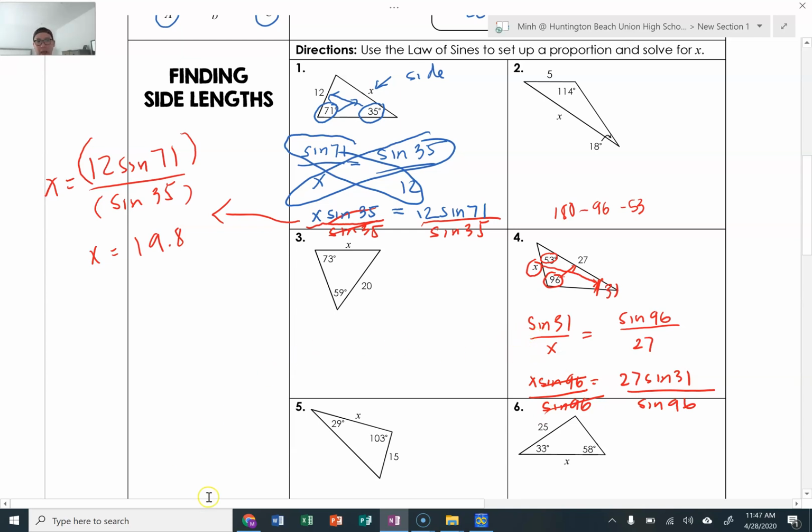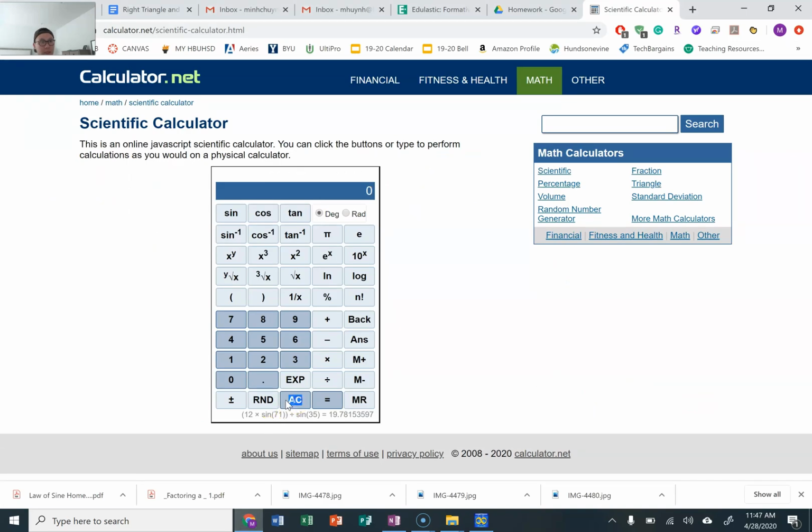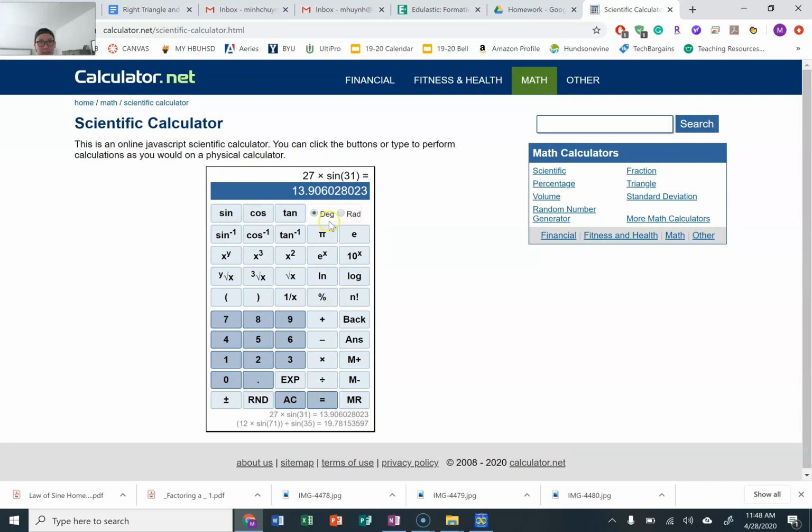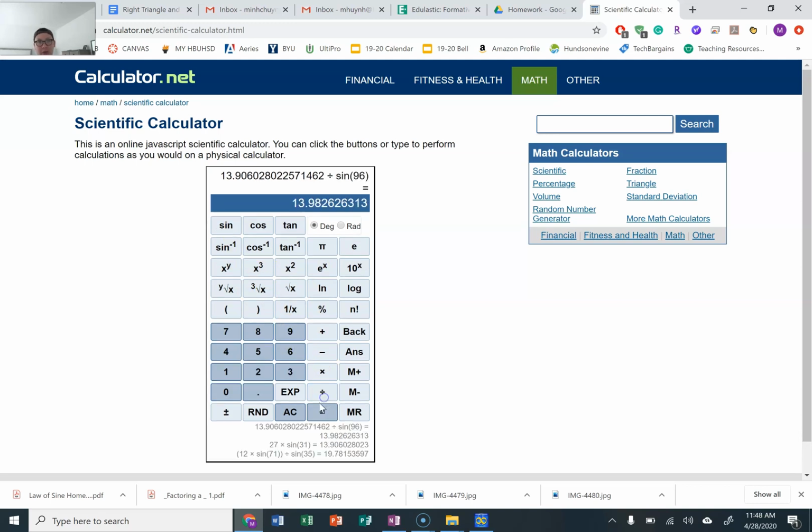Let's clear this up. So that's going to be 27 sine 31. Right? You can do this. Here's another way. Calculate the numerator first, then press enter. So that's our number. And then you're going to divide it by sine 96.